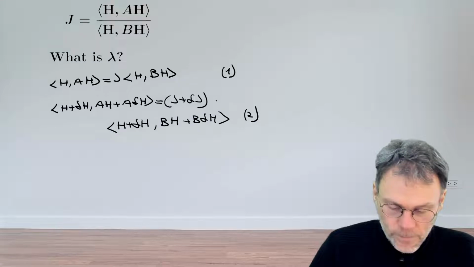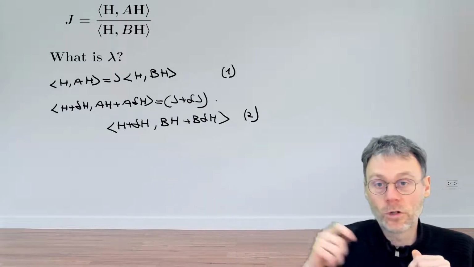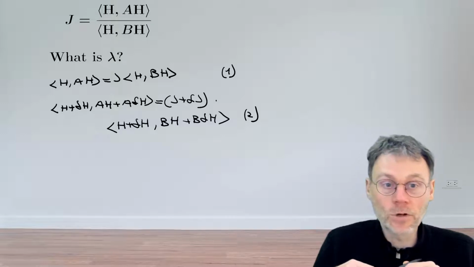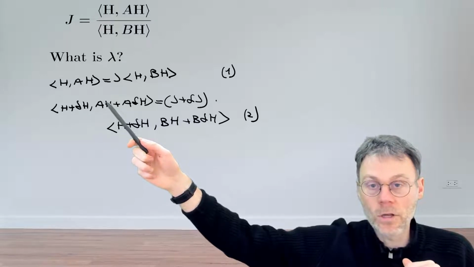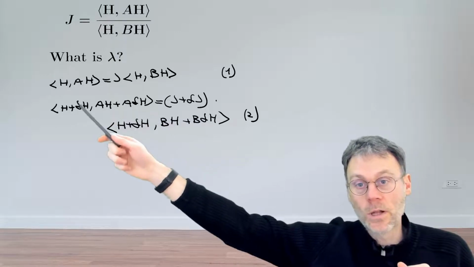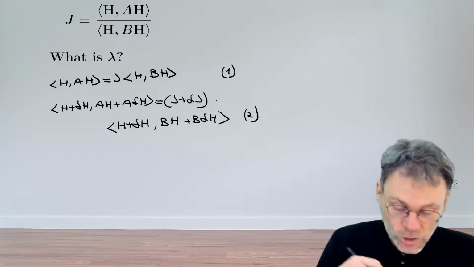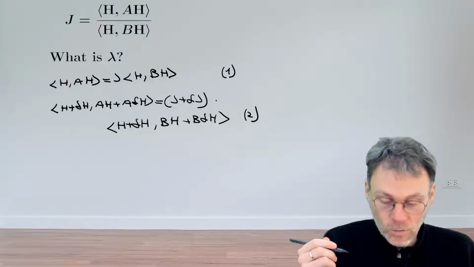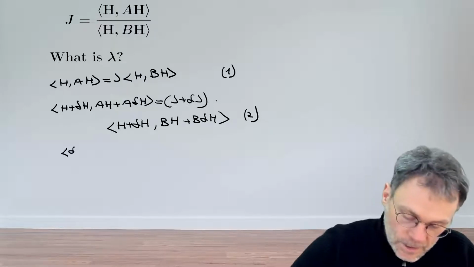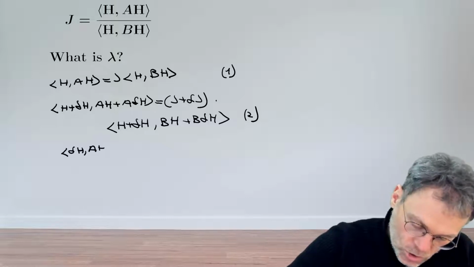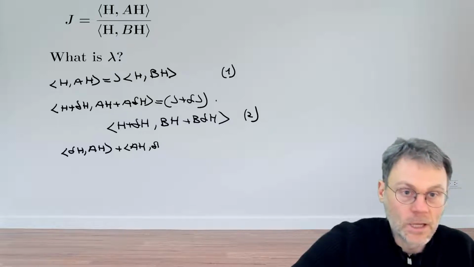So let's get to work here. If we expand this thing over here, we will end up with 4 terms, 2 times 2. The first term will be a term h and then A h over here. But if we subtract equation 1, that's exactly the term we find over there. So this first term will vanish. But that's good news. So then we have 2 more terms. We have a first term delta h A h, and then its symmetric brother h A delta h.